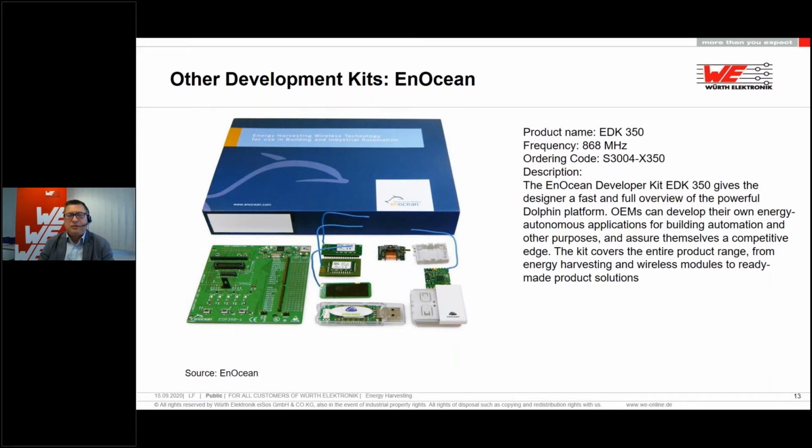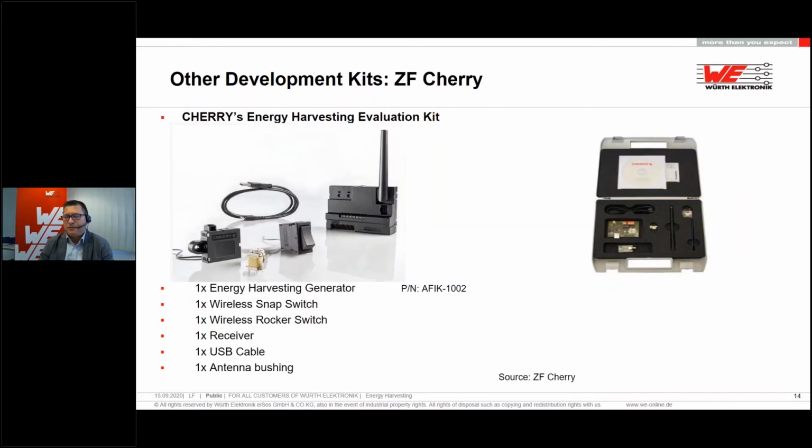Right now, they also have a gateway between Zigbee to Enocean and also to Bluetooth. Another company, ZF Sherry, developed these industrial harvester switches. It's quite in the shape of the typical industrial size. Also, this micro switch is a harvester which harvests in the same way the motion of this small spring with a magnet.